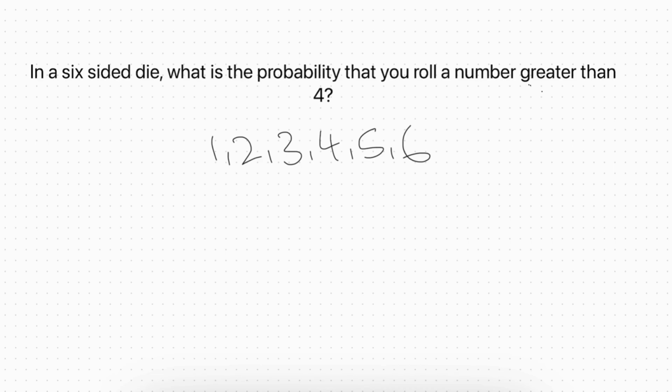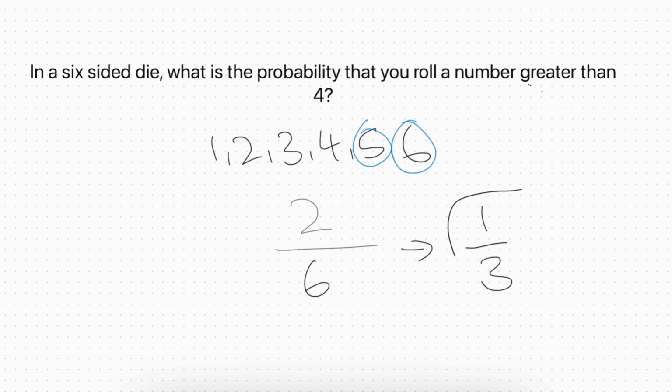Greater than 4 is 5 and 6, so that is 2, and that will be our numerator, remember, because our numerator is the favorable outcomes, and the denominator is our total outcomes. Our total outcomes would be 6 because we have 6 total outcomes. When you simplify this, we get 1/3, and that is our final answer for this problem.